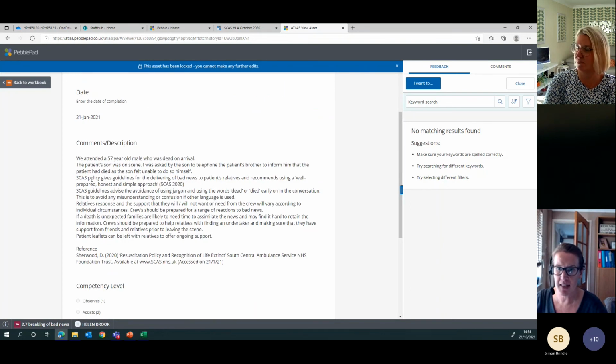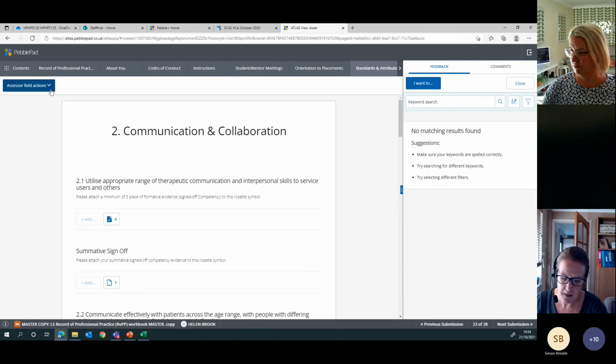And she's also related back then to policies that are used within the ambulance service, which give guidelines on how we break bad news, and what the guidance is there. And then she's referenced that as well. So she said what's happened, but she's gone away and looked into policies that support and looks at the evidence out there that we use to improve our working skills and competencies.